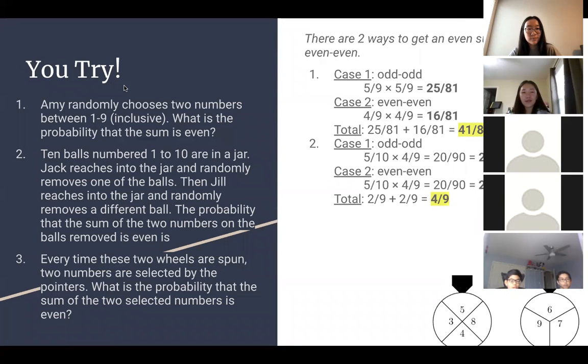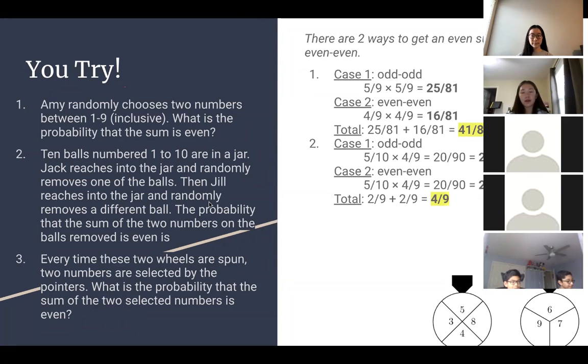And then the second one, for the odd, odd case. Remember here, since Jack is pulling out one of the balls and then Jill is pulling out a different ball, once you pull one of them out, it's not an option anymore. So for the first ball, there are 10 in the jar, and 5 of them are odd, so it's 5/10.